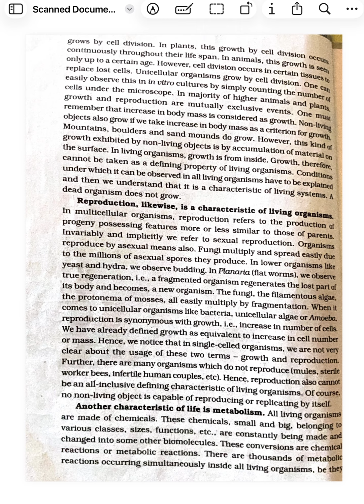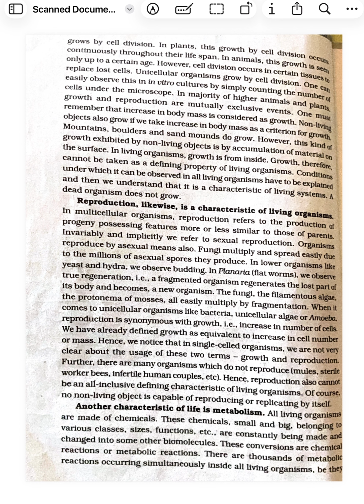Think about it. Once you think, you will understand that increase in body mass also happens with certain non-living things like mountains, sand dunes, boulders. They even grow. There is accumulation or accretion of mass.